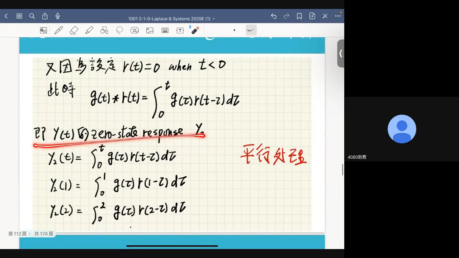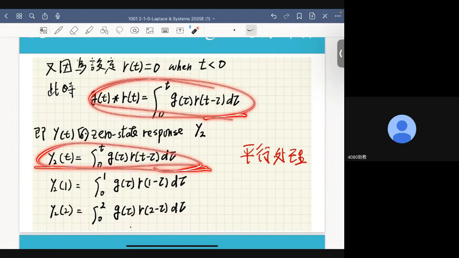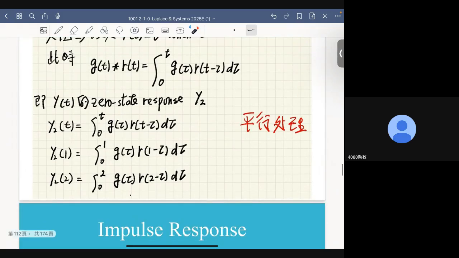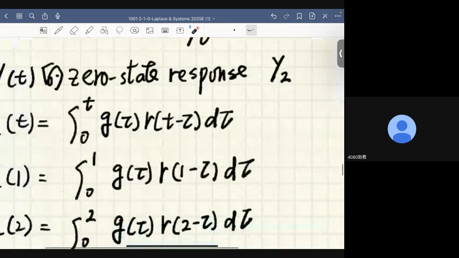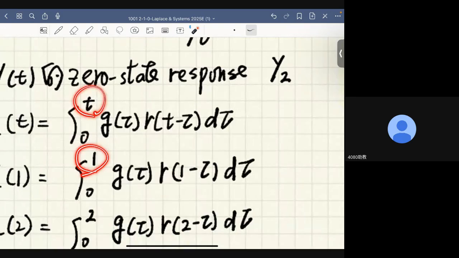Now, to determine the state response, what we can do is just directly use this result. How do I do that? For example, if I'm interested in the value of y at t equal to 1, all I need to do is set t equal to 1 in this convolution integral, which means that this t now becomes 1.